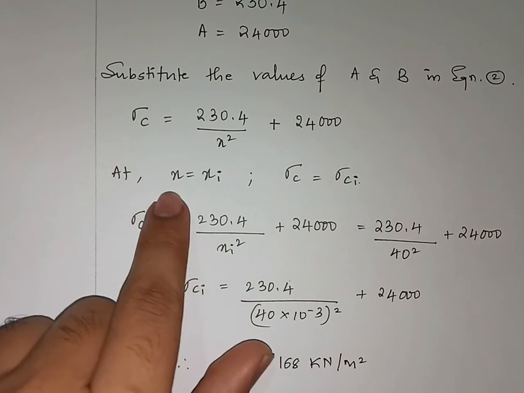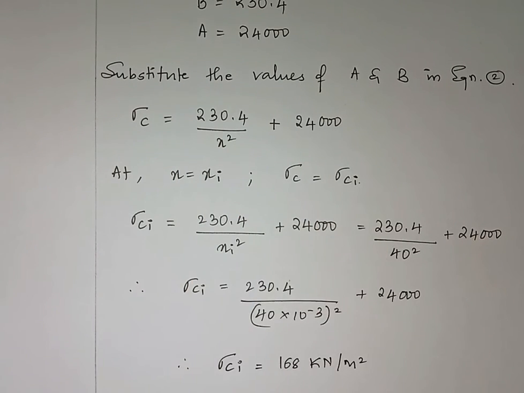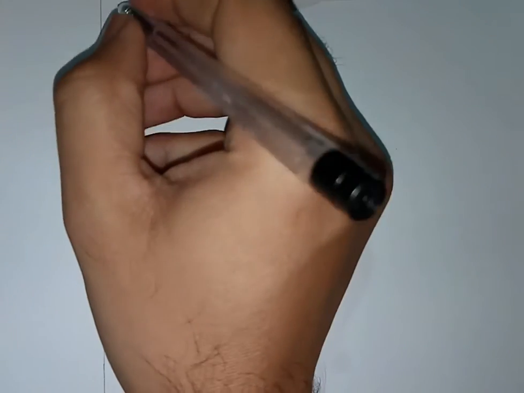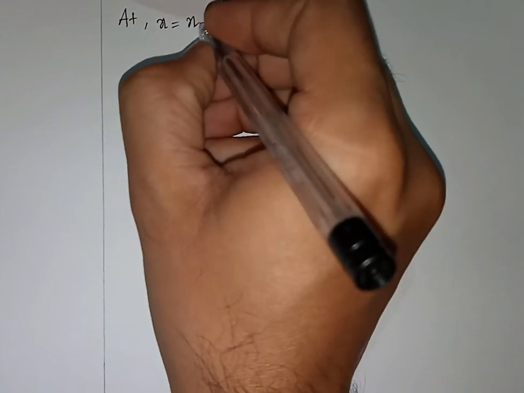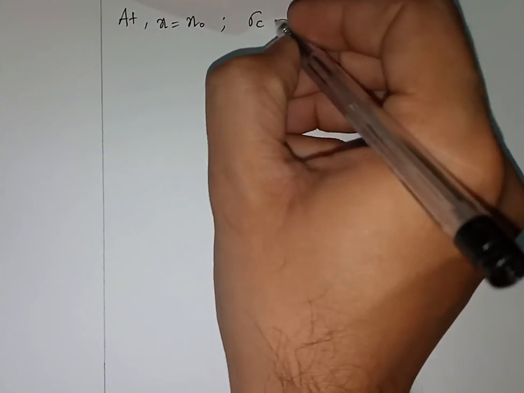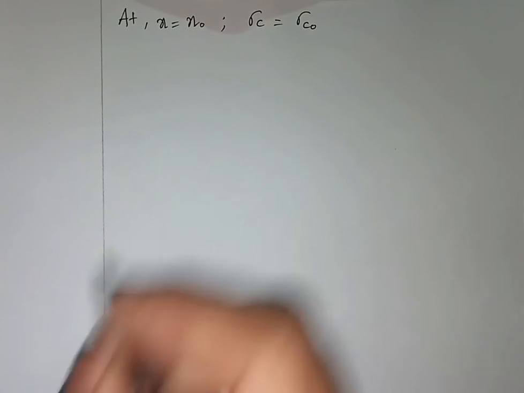Now similarly I'll be substituting another boundary condition in the same equation. So at x is equal to x naught, sigma C will be equal to sigma C naught. So the next boundary condition is at x is equal to x naught, sigma C should be written as sigma C naught.